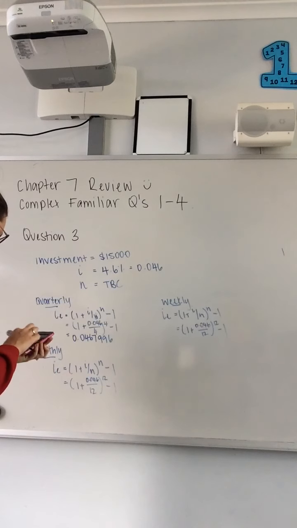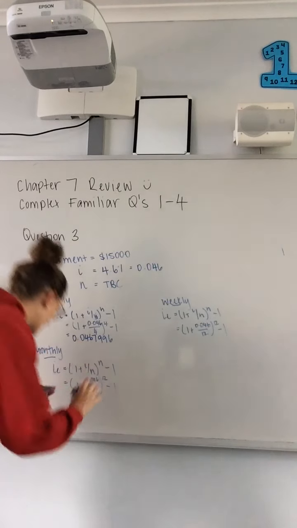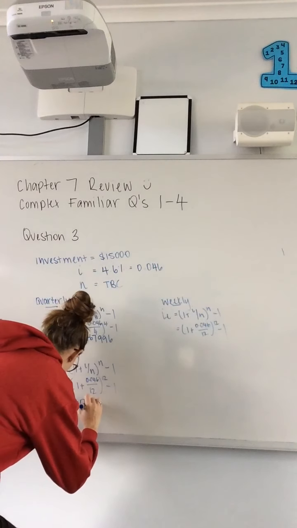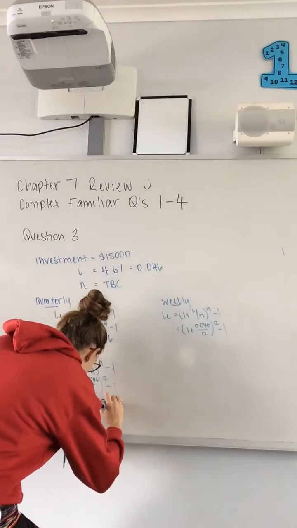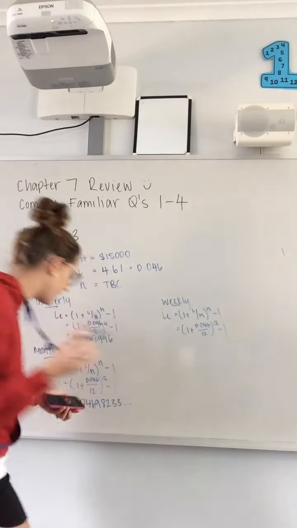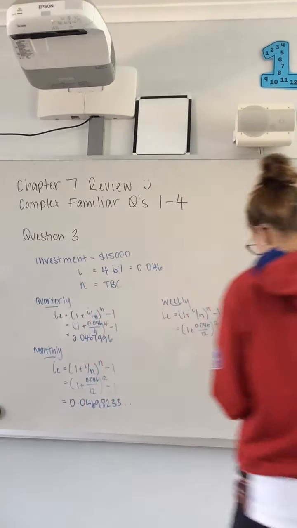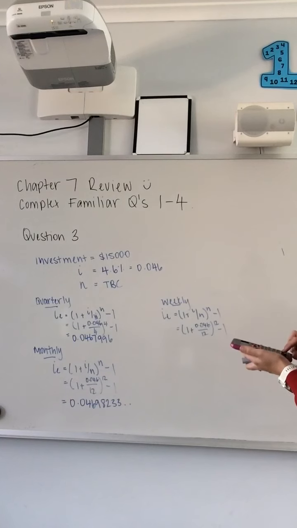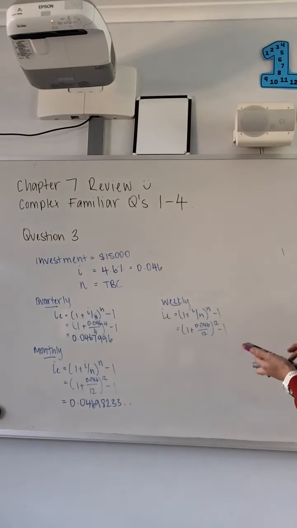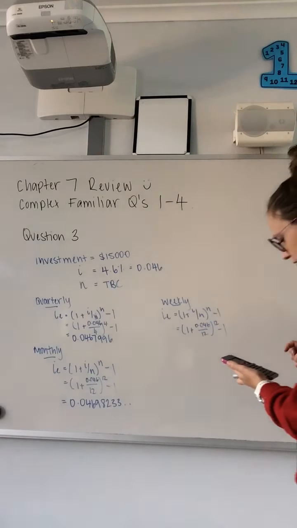I'm going to go to this one and I'm going to be a lot quicker now. Well, you'd like to think I'm going to be a lot quicker. To the power of 12, take 1. So 0.04698233 and so on. Now what you'll notice is that our answers are quite similar. So big hint, I wouldn't round too early, because if you round too early, you might be jumping the gun a little bit on what the correct answer might be.